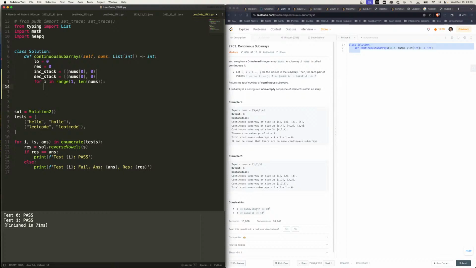For the decreasing array, we'll always input something smaller, right? Yeah, if it's within the range, then we will do whatever we need to do to update. If it's not within, then it depends, right?